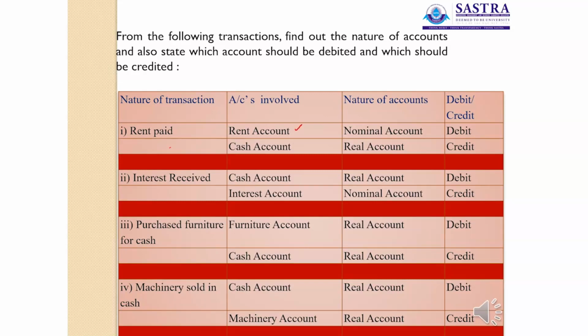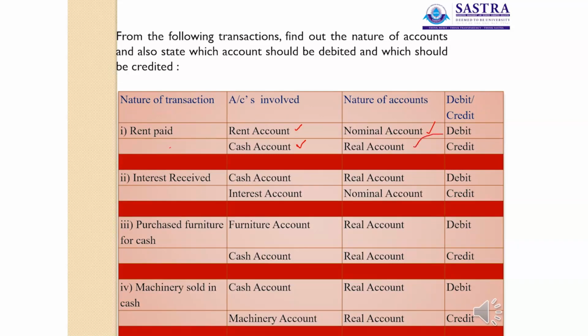Next, you have to identify which type of account, whether it is a personal account, real account or nominal account. Here rent account is a nominal account because it is one of the expenses. Cash account is an asset, so that is a real account.